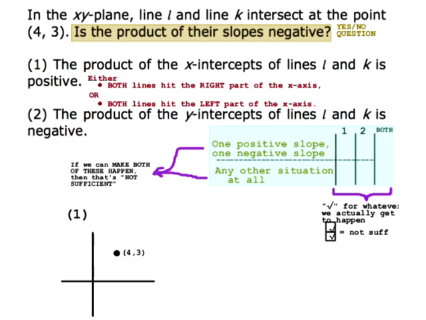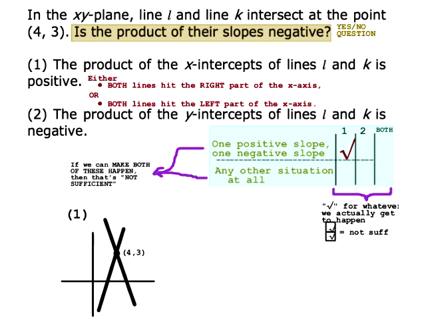So let's say that we can have this line and this line. So that is one positive slope and one negative slope.